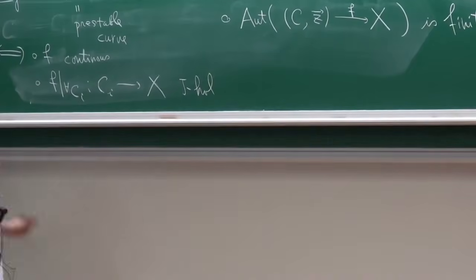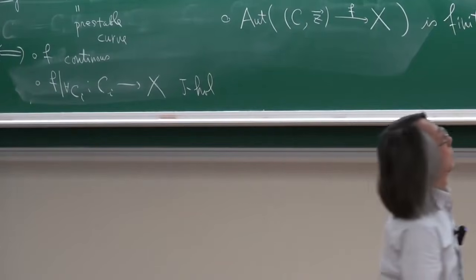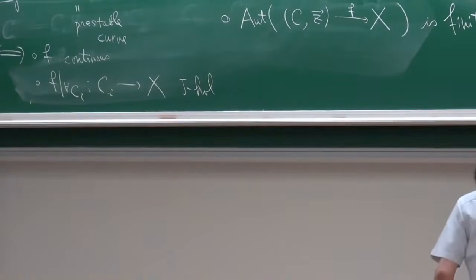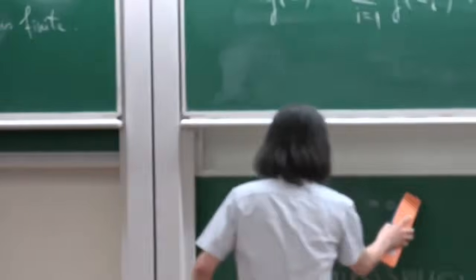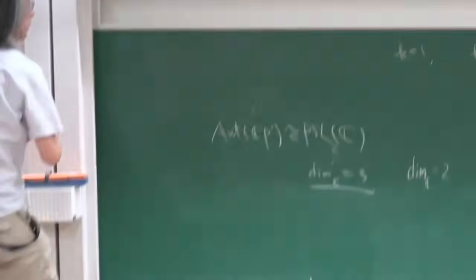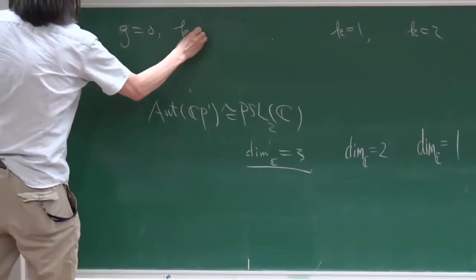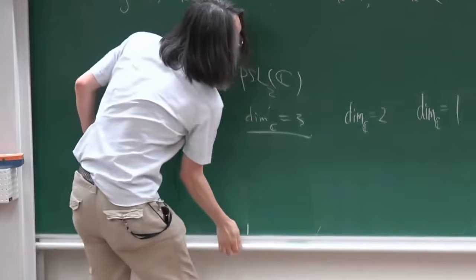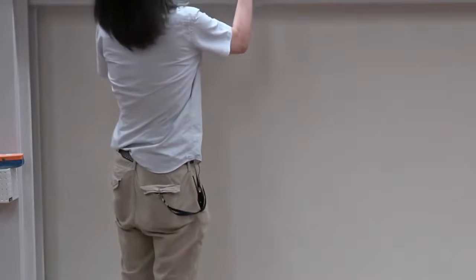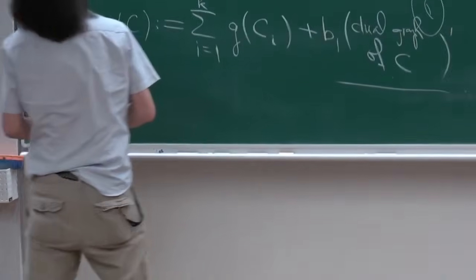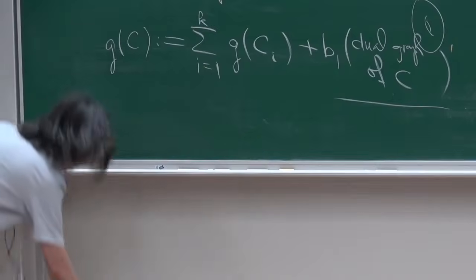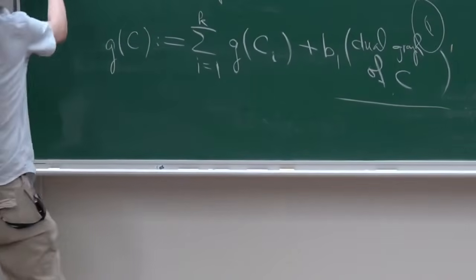So what is the automorphism group? I erased it, so maybe I have to, no, I should keep it somehow. So K, Z equal to 0, and K equal to 0 here. So I come back to this.